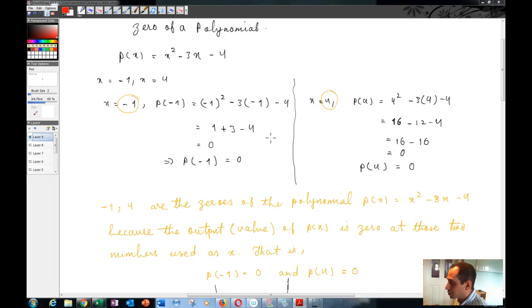I have already done many courses related to these functions and the graph and so on and so forth. But still, I want to talk a little bit about the graphical meaning of the zeros of a polynomial.